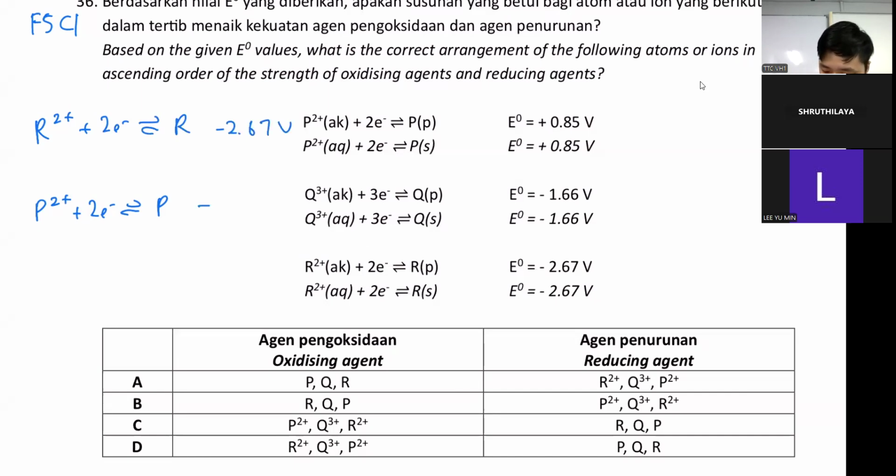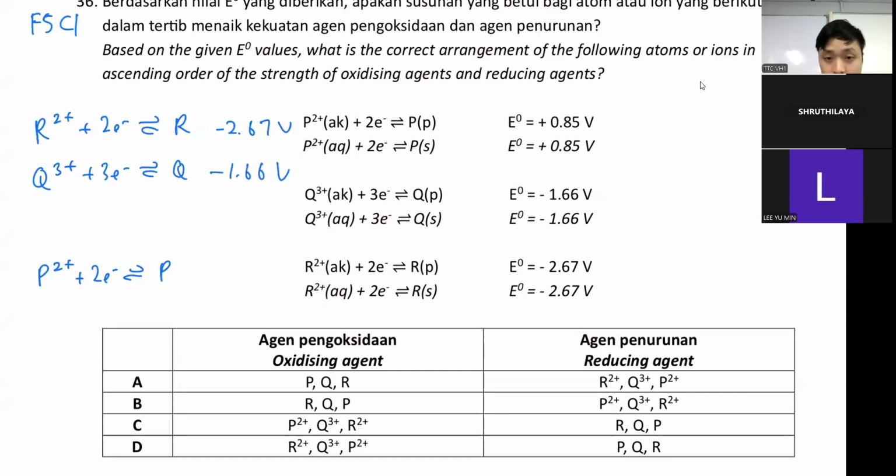This one is negative, not P first, P is last actually. So after that is Q first. Q3 plus 3E, negative 1.66 volt. Then only last is P, positive 0.85 volt.